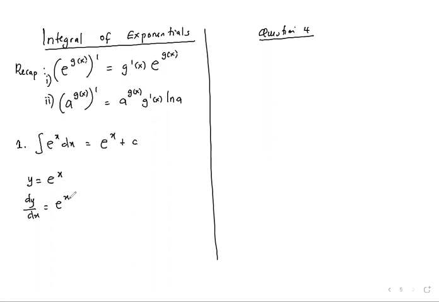Okay, so this means that if I'm to give the general integral of e to the power u du, then the integral of this is going to be e to the u over u prime plus c, provided that the u prime is a constant.